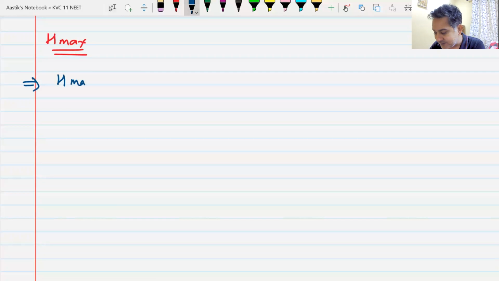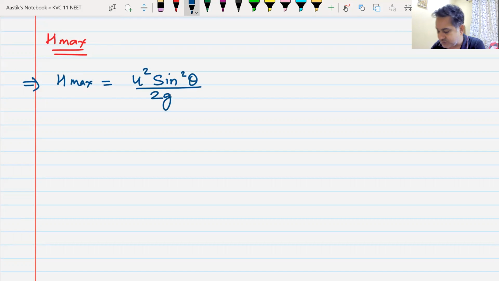The formula for maximum height H max is, the first way you can write it, u square sine square theta by 2g. This is the first way in which you can write this formula. You can also write it this way.